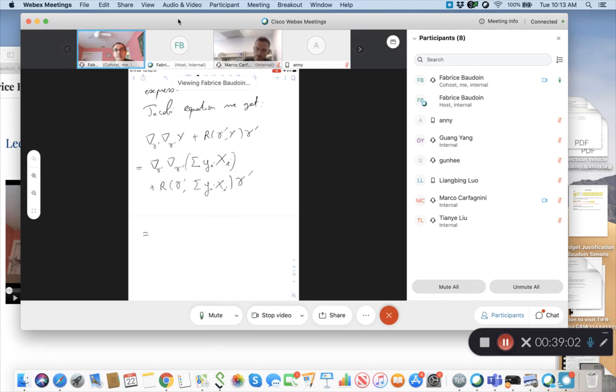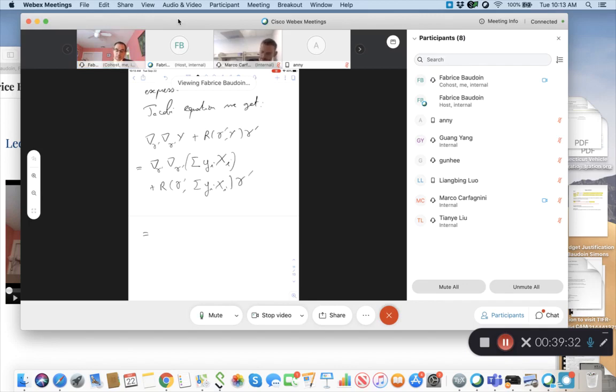Has someone an idea? Keep in mind that xi is parallel along gamma. Okay, this is the definition of xi. So what will be the first term? Someone would like to give a suggestion about the first term? How do we compute it?